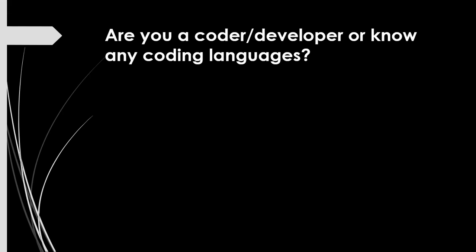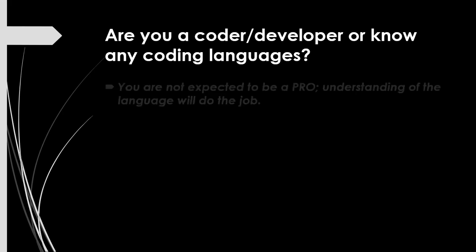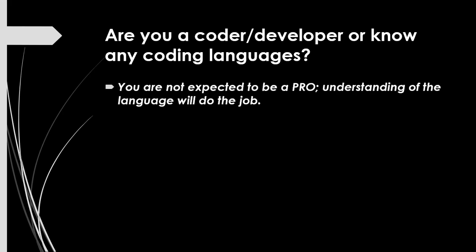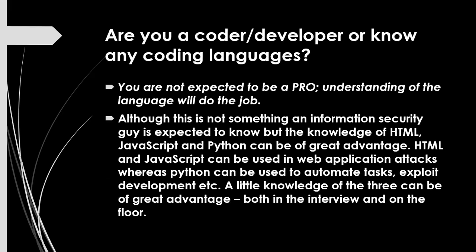Then next, are you a coder, developer, or do you know any coding languages? You are not expected to be a pro. Understanding of a language will do the job. Okay, so basically, although this is not something an information security person is expected to know, the knowledge of HTML, JavaScript, and Python can be of great advantage.